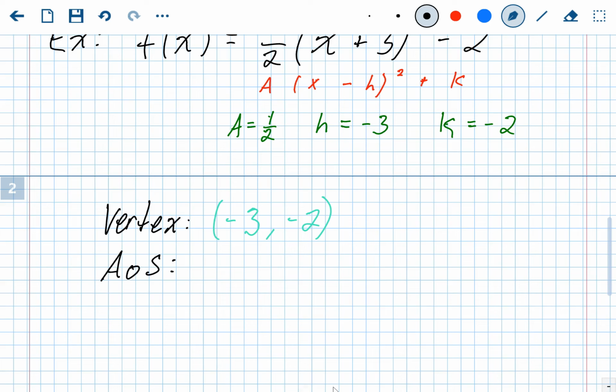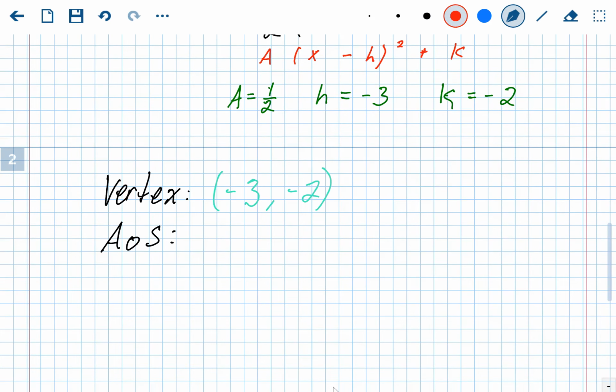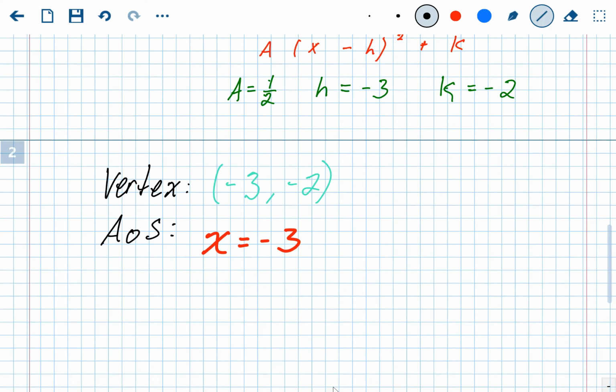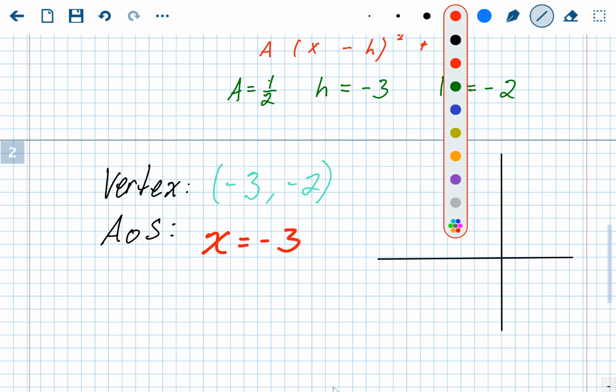Axis of symmetry is the x value of the vertex, or it's the h value in vertex form, so it's x equals negative 3. All right, so let's graph what we know here. Okay, we're going to be working in the negative quadrants. Okay. We know our vertex, negative 3, negative 2.